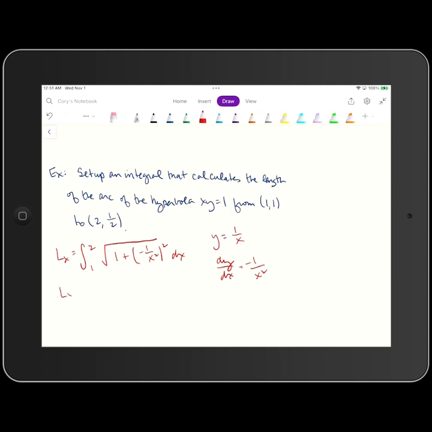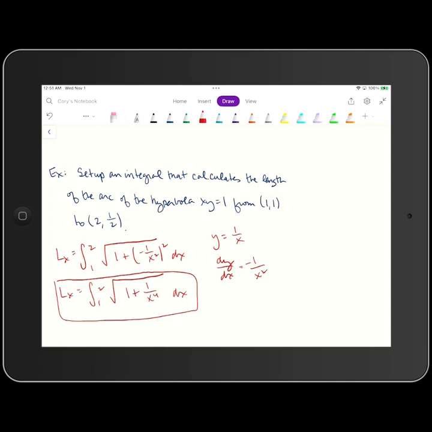And then this is going to become the integral from 1 to 2 of the square root of 1 plus negative 1 over x squared. Whenever we square that, it becomes 1 over x raised to the 4th power, which we are integrating with respect to x. And you can algebraically manipulate that, but that's in a good enough spot for the setup for that integral to compute arc length.